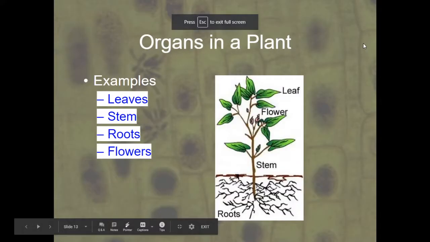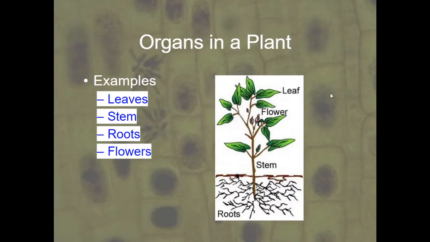And let's go back to here. We've got plants. So plants have all these different, essentially they're organs, like leaves, stems, roots, and flowers. Plants are kind of weird because their organs vastly change as they grow up, and they can create new organs, like new leaves, or new stems, or new flowers.